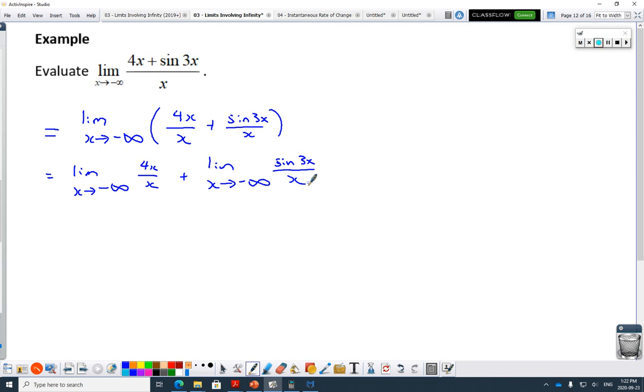This is showing off the power of the limit laws. The limit laws say this thing was a big, scary mess, but I can break it into 2 different pieces if I want and approach them individually. And individually, these limits are much easier. In fact, this one is shockingly easy. And this one is more difficult.